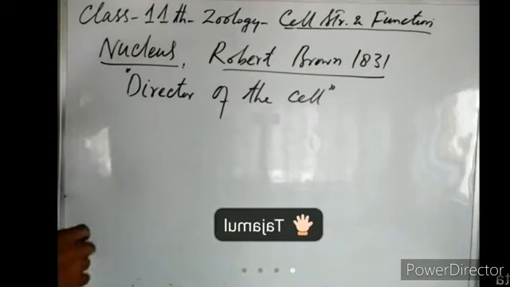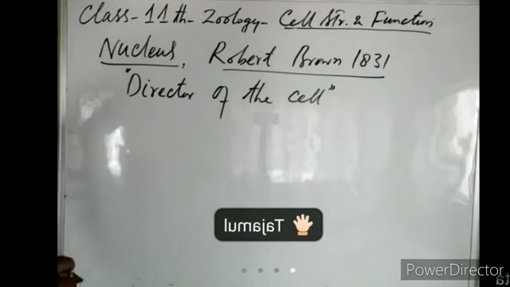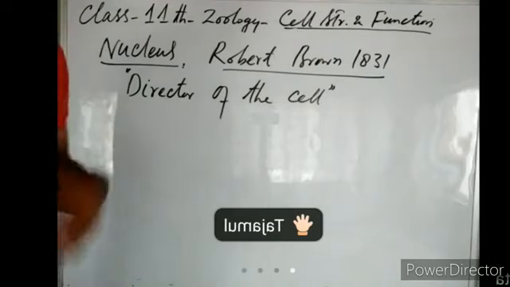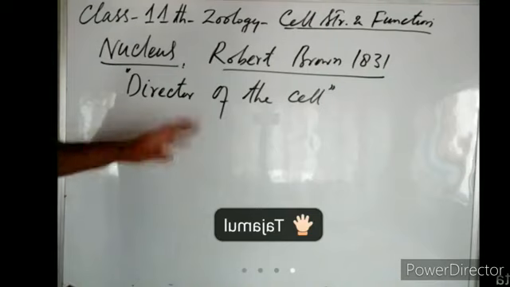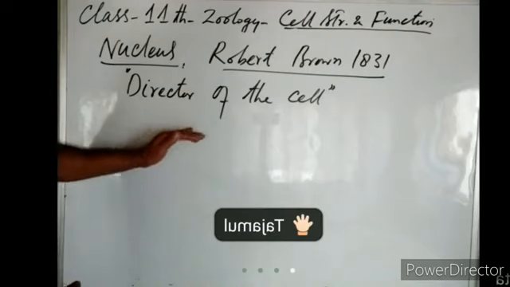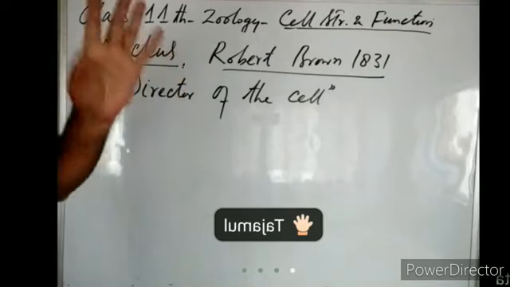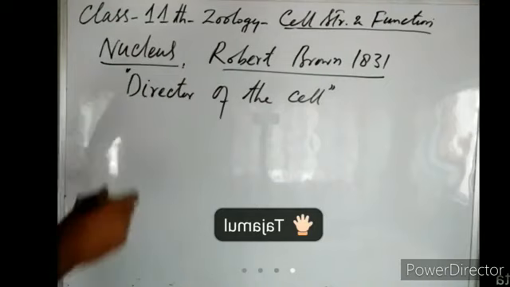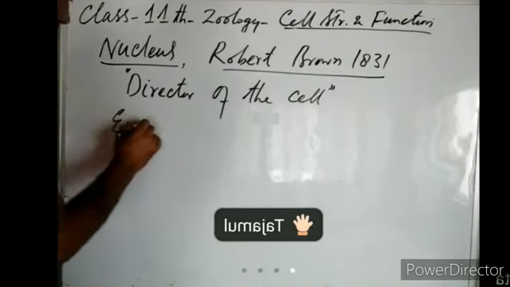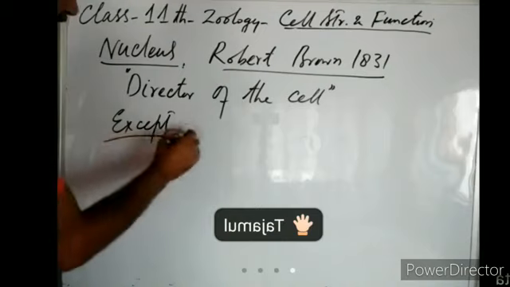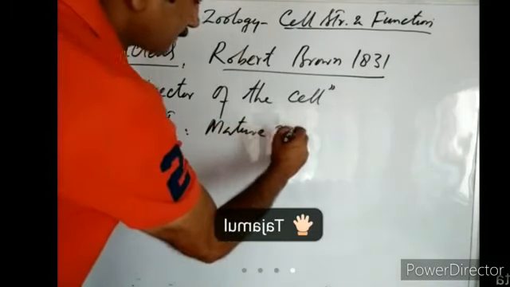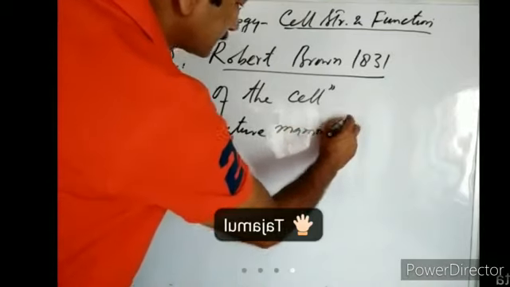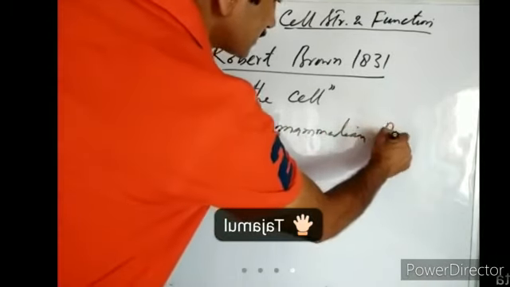Do all cells have a nucleus? The nucleus is present in almost all eukaryotic cells. Prokaryotic cells don't have a nucleus. Almost all eukaryotic cells have a nucleus, except that the nucleus is absent in mature mammalian RBCs.